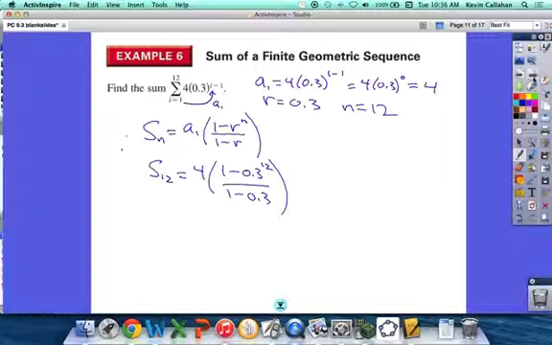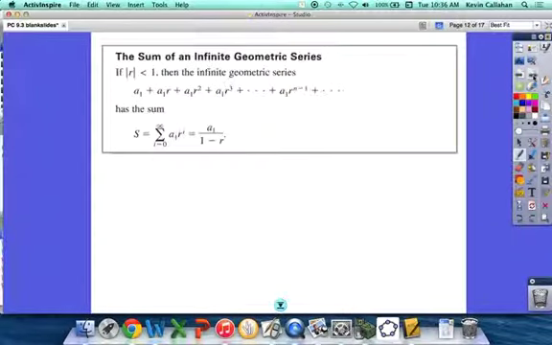Okay. Now, for geometric, unlike arithmetic, you can actually add up, in some circumstances, an infinite number of terms. Again, I've used the example before of walking from one side of the board to the other. Let's just say I make this box 1 long.